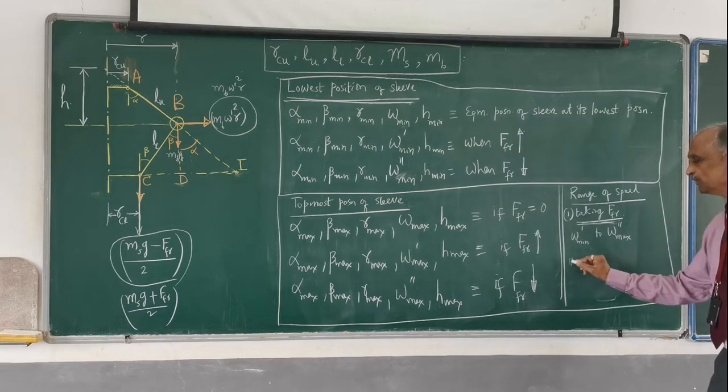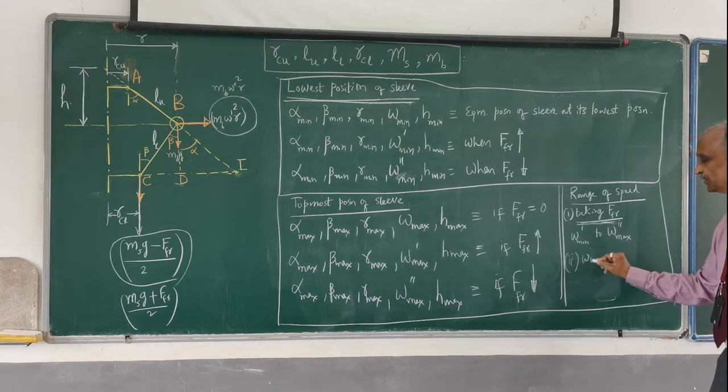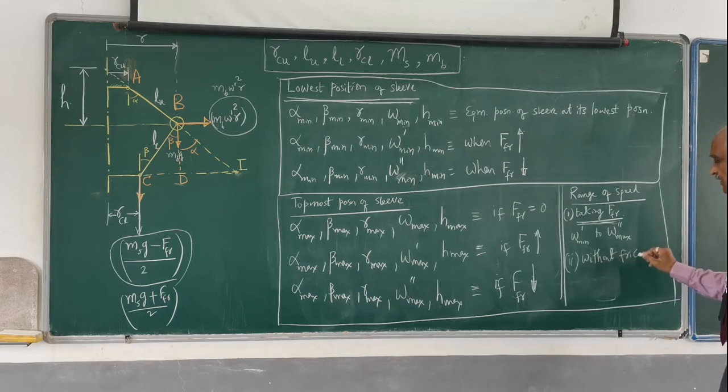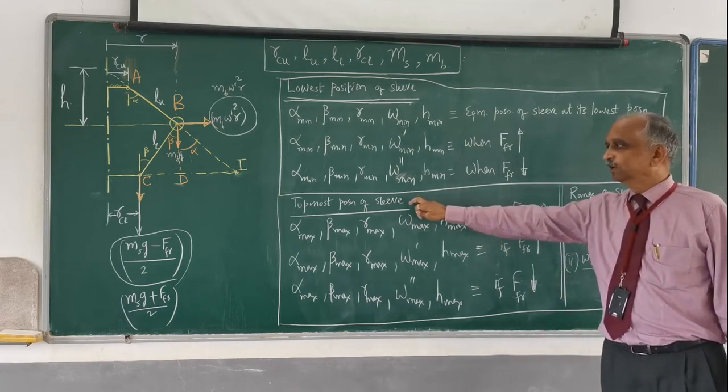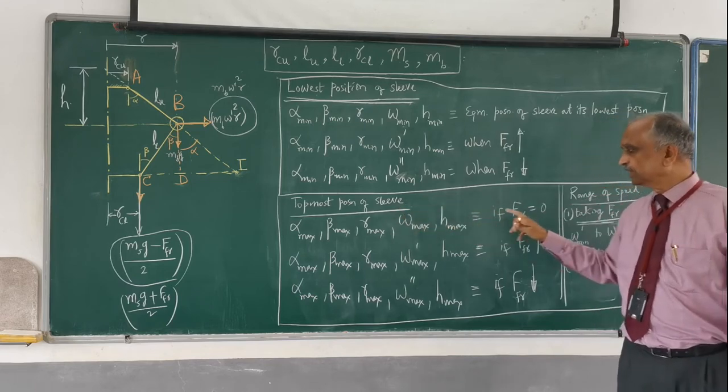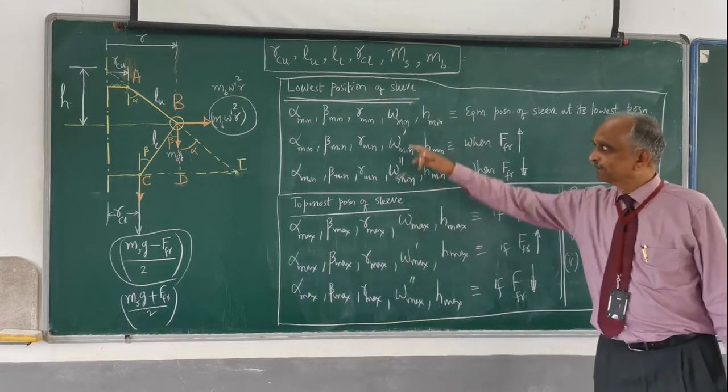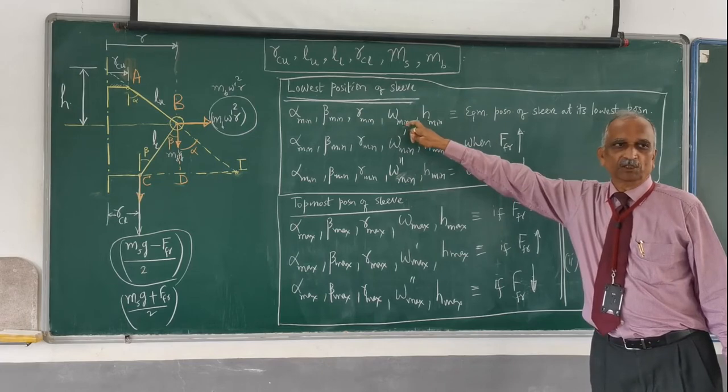And if you don't take friction into account, without friction, what is the range of speed? Without friction, what is the minimum speed? That is again at the lowest position of the sleeve. When you don't take friction into account, what is the speed here? That is omega minimum. This is the lowest speed.